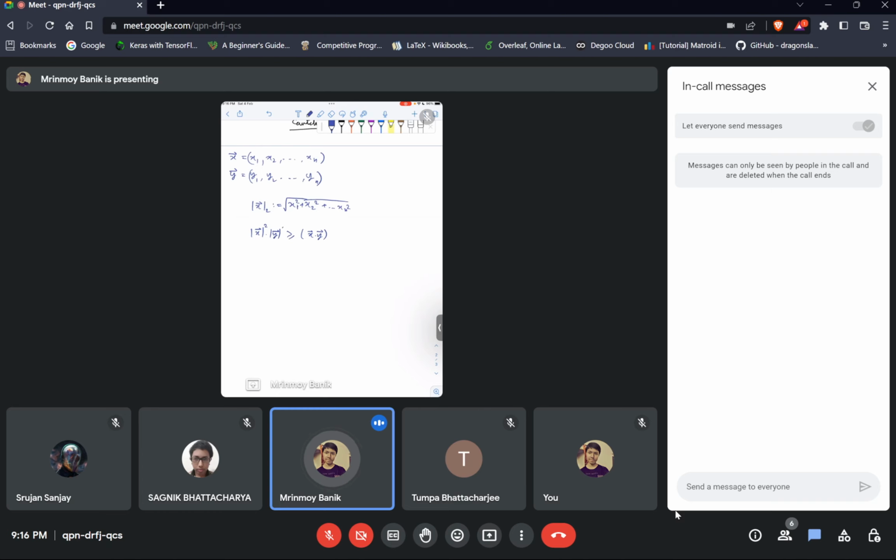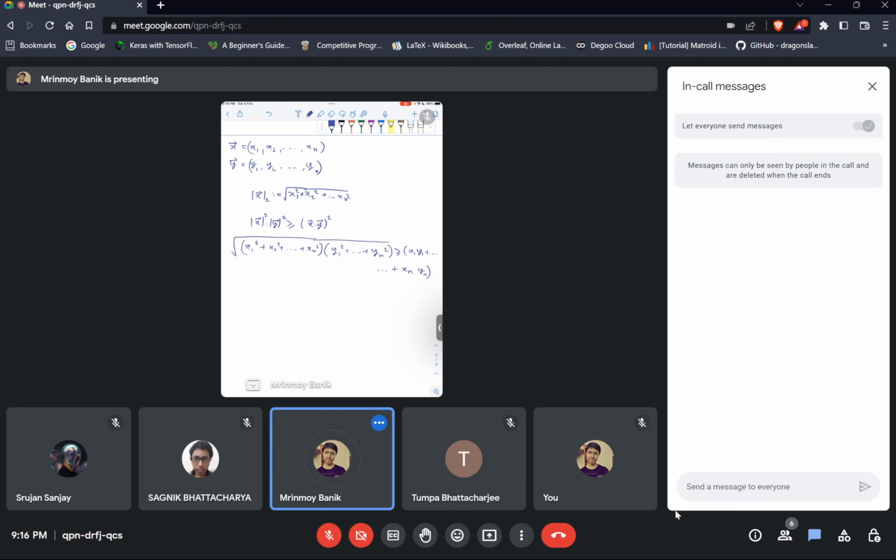If you had squared the left hand side, this would have been squared. Else it's just that. So it's the square root of (x1 squared plus x2 squared up to xn squared) times (y1 squared, y2 squared up to yn squared), which is greater than or equal to x1 y1 plus up to xn yn.